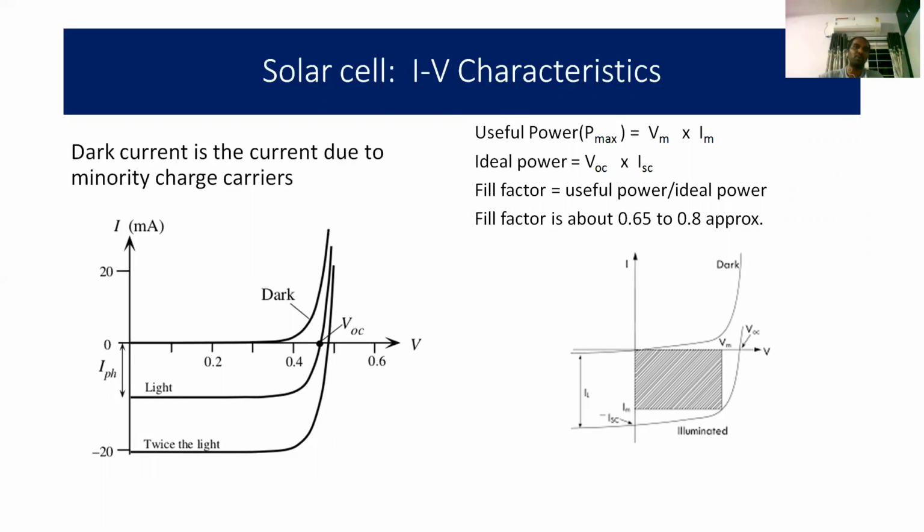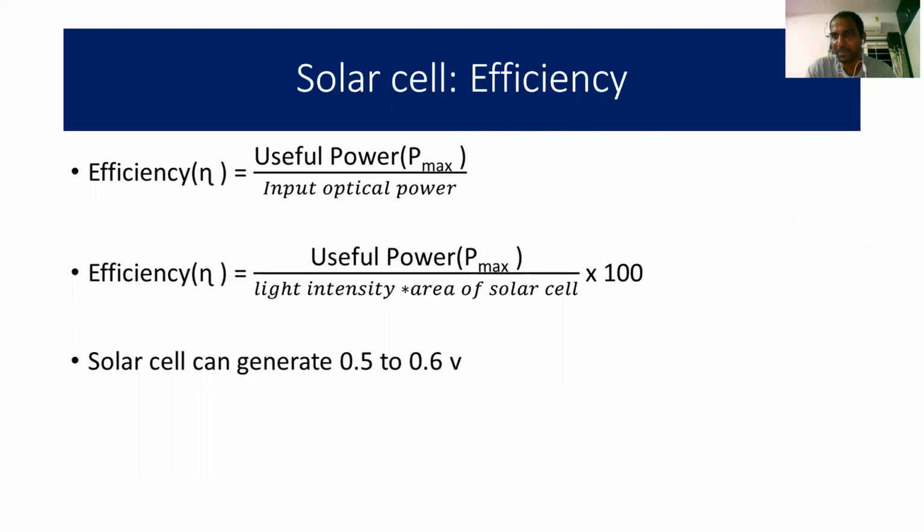You can also notice the dark current, which is due to minority charge carriers. Another important factor is efficiency. It is the ratio of useful power, that is P max, to the input optical power. It is also defined as P max divided by the light intensity into the area of the solar cell, into 100, which gives it in terms of percentage.